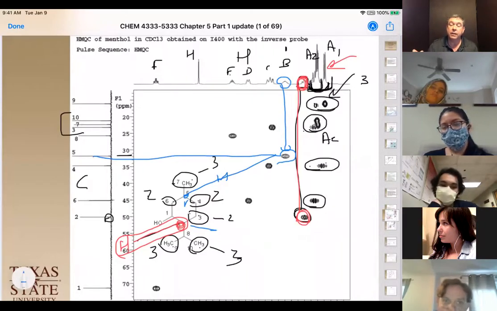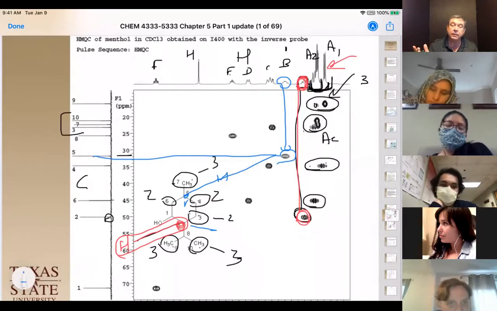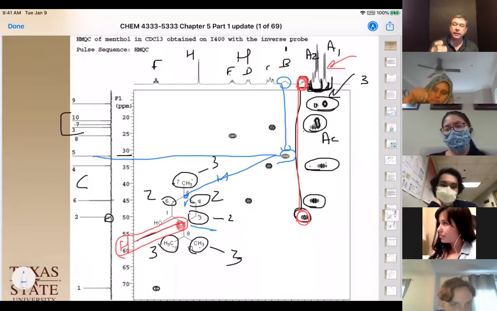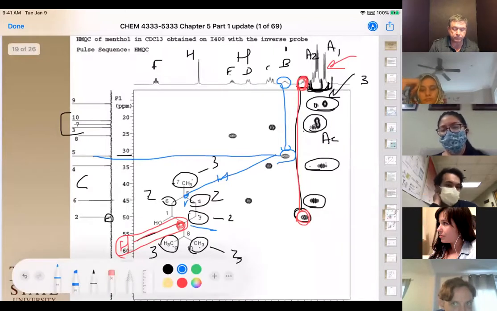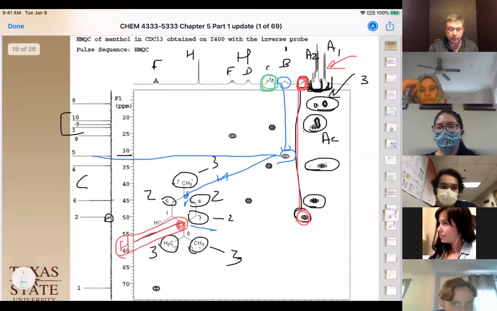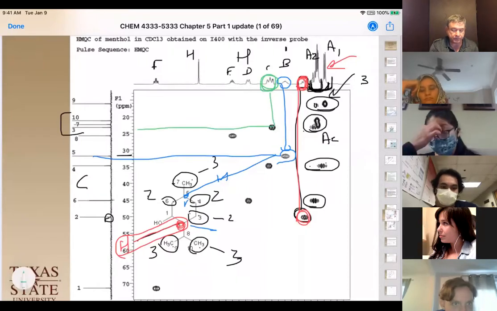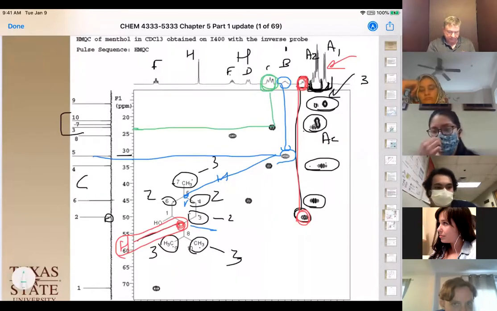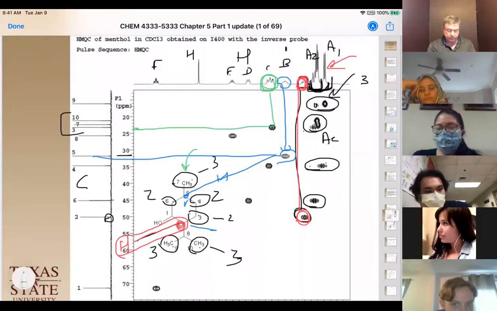So we can tell the difference between this 1 proton and that 1 proton in our ring system. Could we do that by shift? Maybe. Is it easier to see in the HSQC? Probably. And to follow along again, these protons are only associated with number 7. And number 7 is, oh, right there is a separate one.